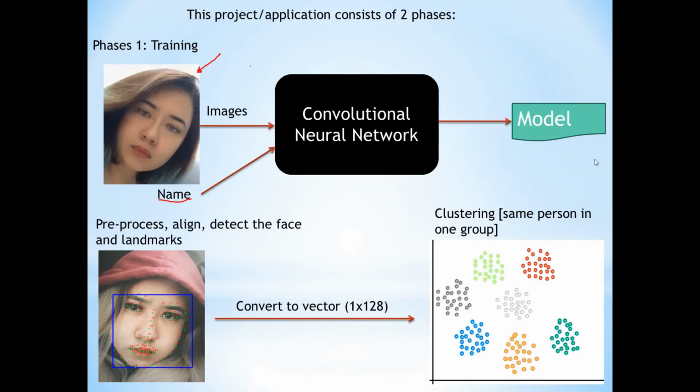Then the output will be a model, representing a cluster of all the images that we input or enroll to the system after we convert each into a 1 by 128 long vector.